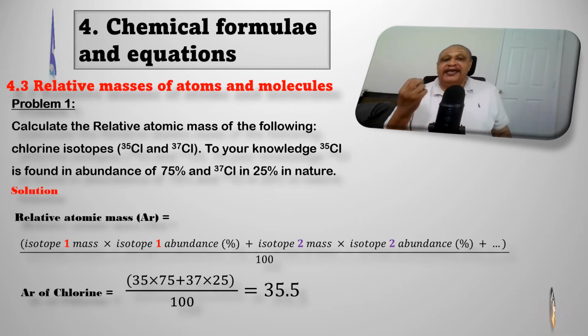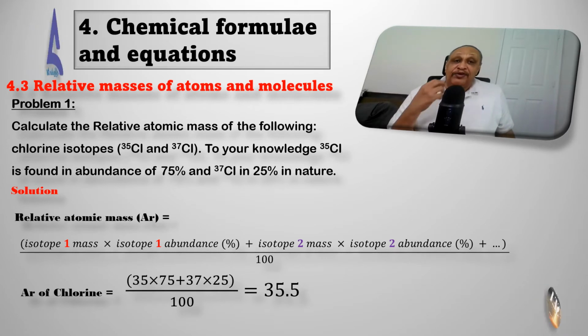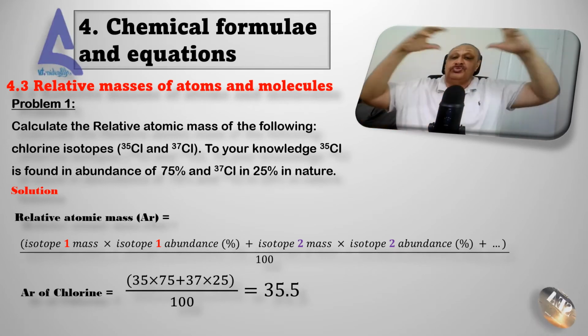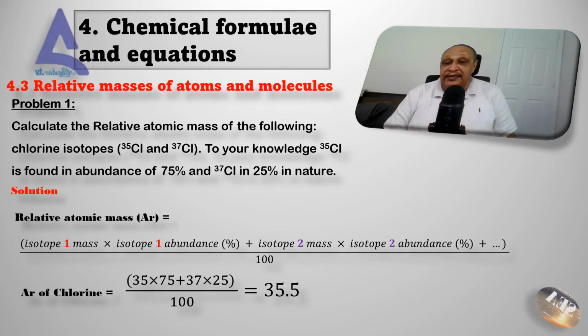When we say abundance, we mean the contribution of these isotopes in the total of the chlorine community. So let's try to see that.